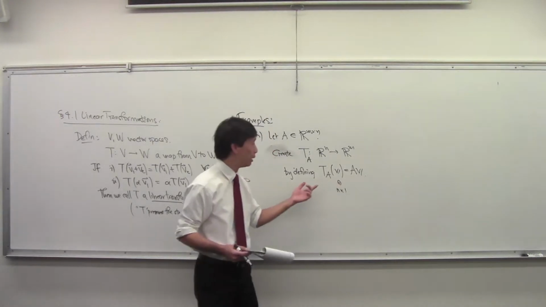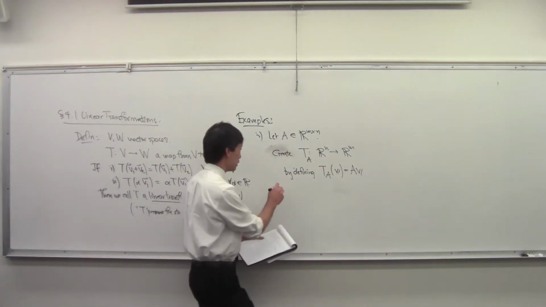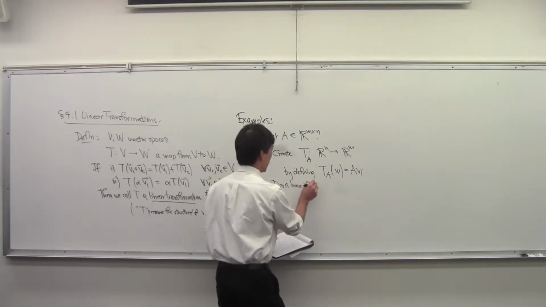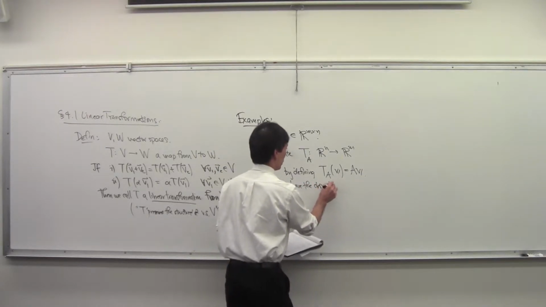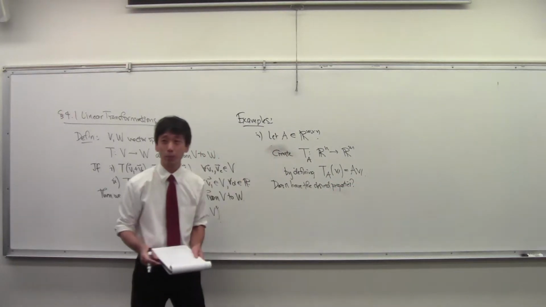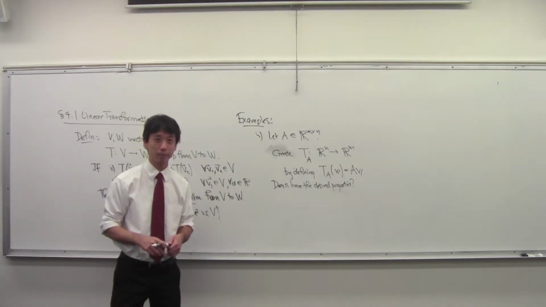Okay, so that's a map. Does it have the desired properties? You tell me. Think about it for 30 seconds. 30 frantic seconds.